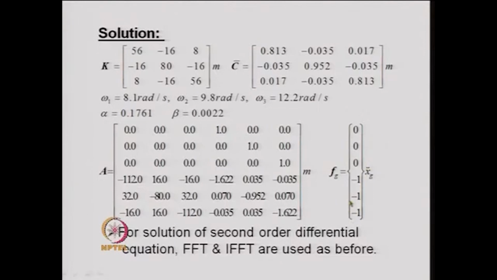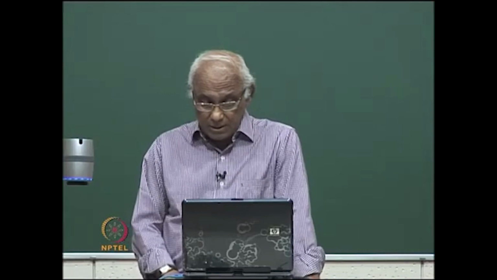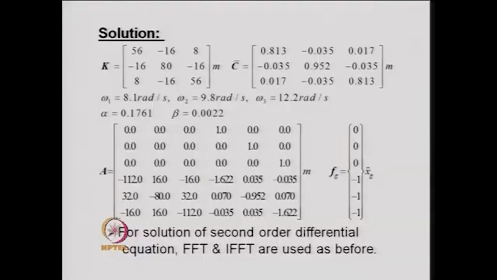Then we Fourier synthesize these FG, and once we Fourier synthesize these FG, then one can obtain the values of the responses of the 3 displacements in frequency domain, that is Zj omega, and using IFFT we obtain the response of the 3 degrees of freedom in time domain.